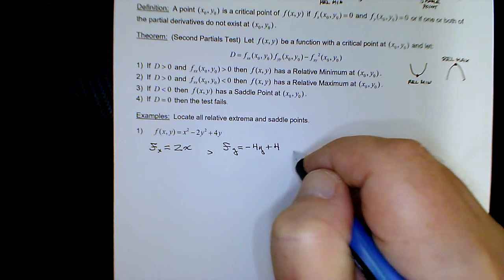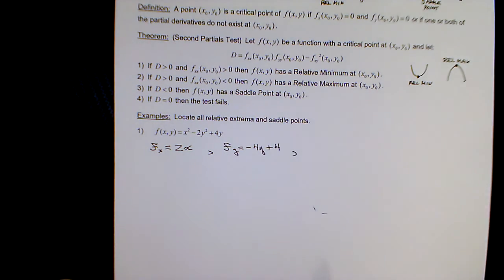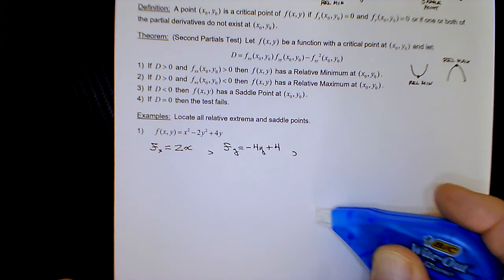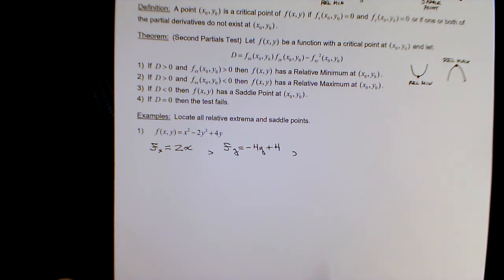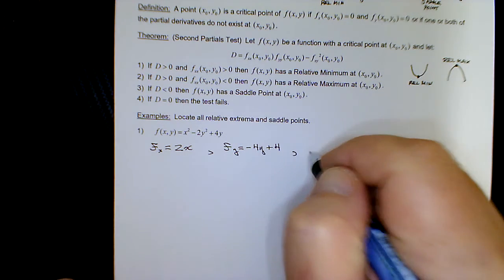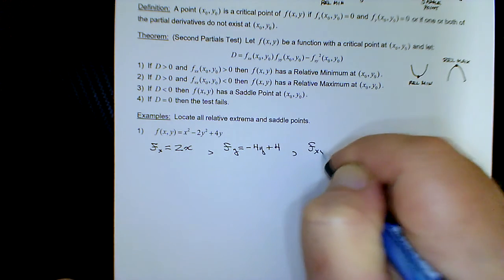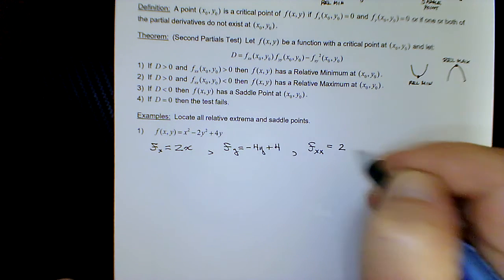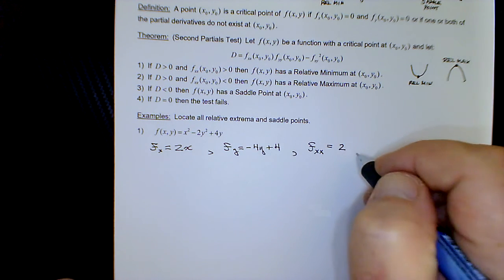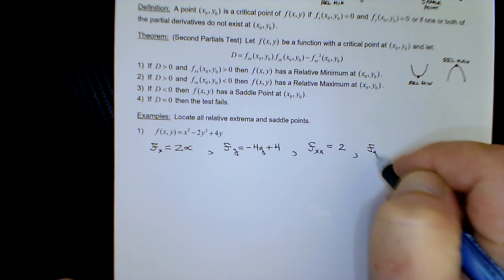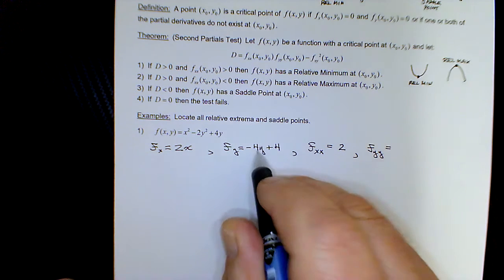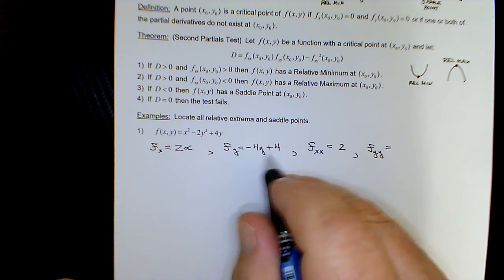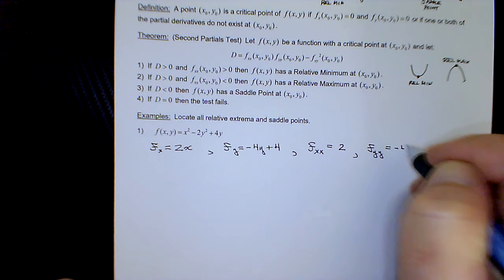So might as well do it right from the start. It's your choice when you want to do it, but I'm going to choose to do it now. So the second partial with respect to x: the partial with respect to x is 2x, so its derivative with respect to x is 2. Second partial with respect to y: the derivative of negative 4y plus 4 would be negative 4.